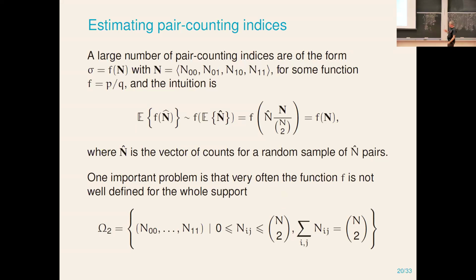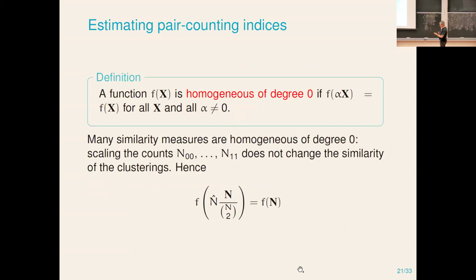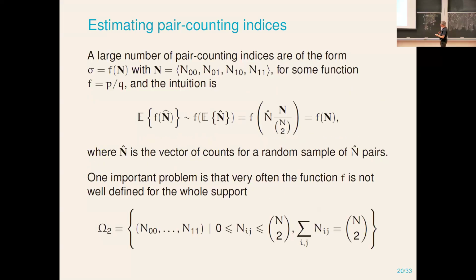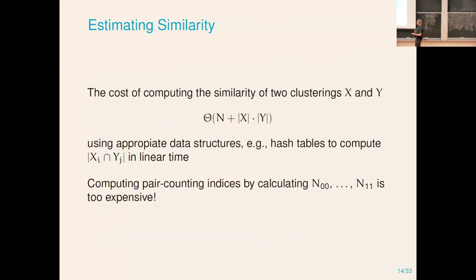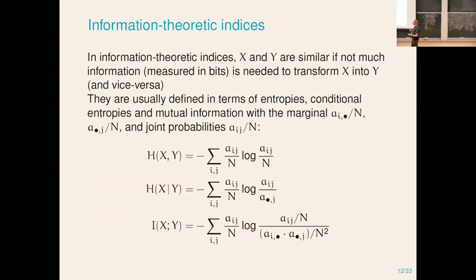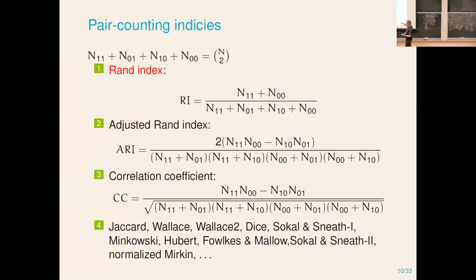But one important problem that we find is that some of those functions f, like here, might not be defined for the full domain. You might have that this denominator is 0.